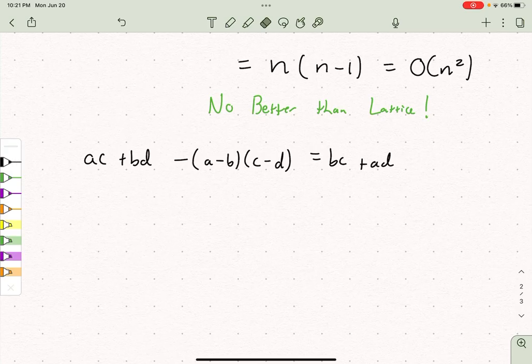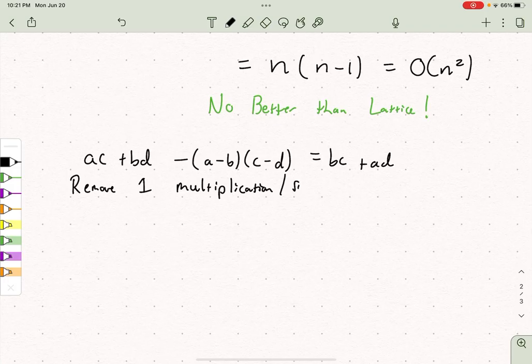So how does this help us? This allows us to remove one multiplication, otherwise known as a subproblem.